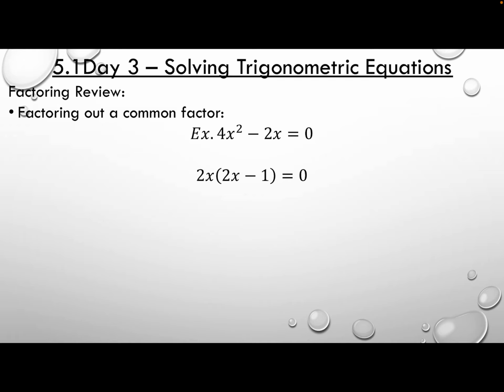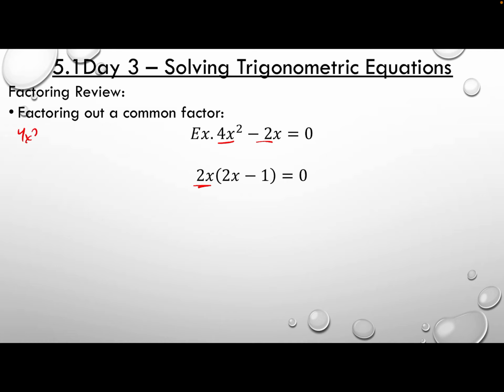Now, for those who are a little bit iffy on how factoring works, whenever you factor out a common factor, think of it as you're dividing both terms by whatever you're factoring out. So in this case, since we factored out a 2x, which you can see on the outside of this parentheses, what we in essence did is we took both of these terms, 4x squared and negative 2x, and we divided them by 2x.